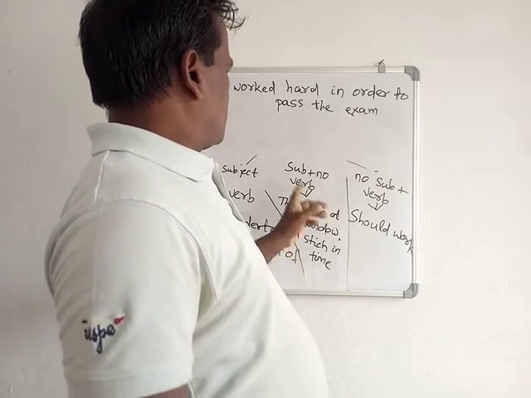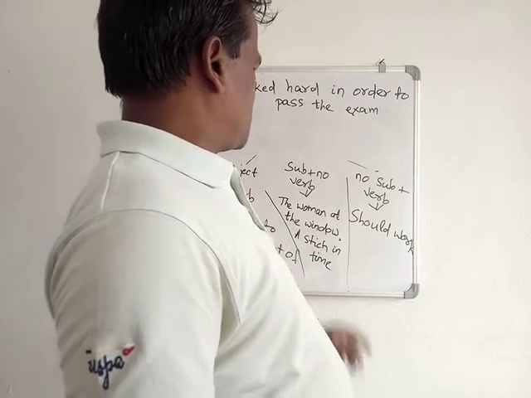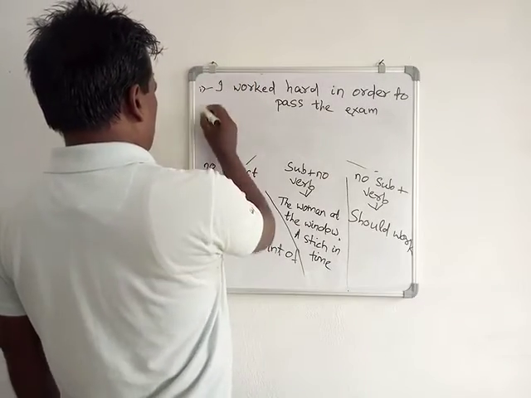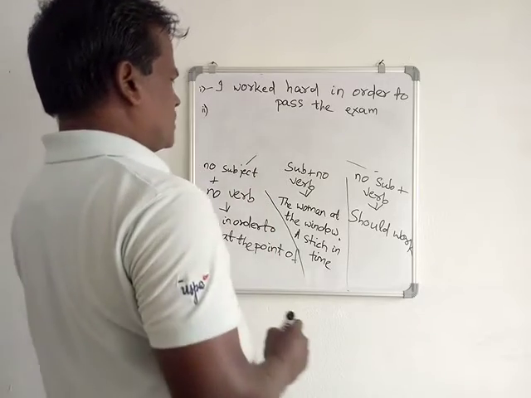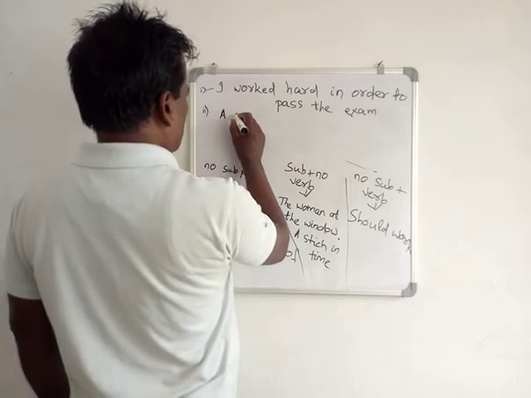Then comes subject plus no verb. The woman at the window or a stitch in time.